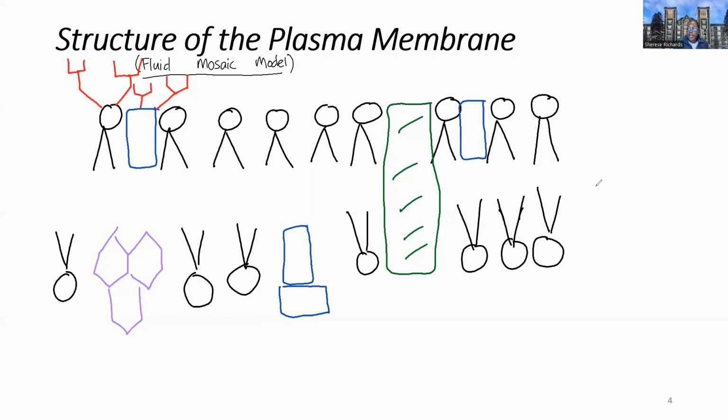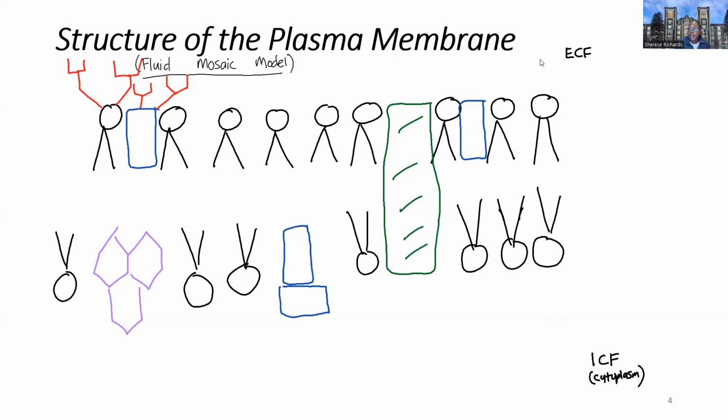So the first thing we want to think about is what are the two faces of the membrane? So here is going to be the extracellular fluid out here. And then down here is going to be the intracellular fluid. So this is going to be on the inner surface of the cell, right? Essentially the cytoplasm. And then if we think about it, we want to describe the aqueous environment.